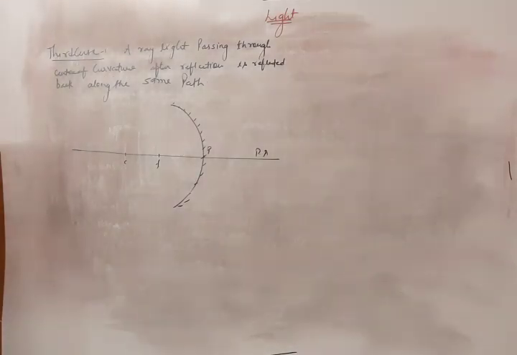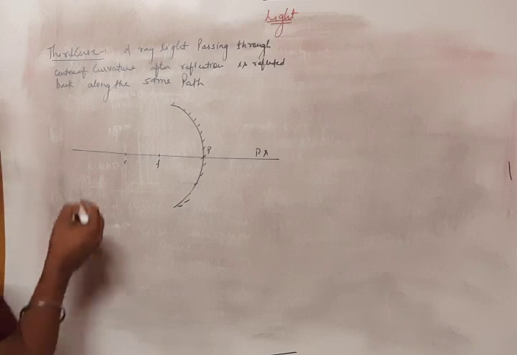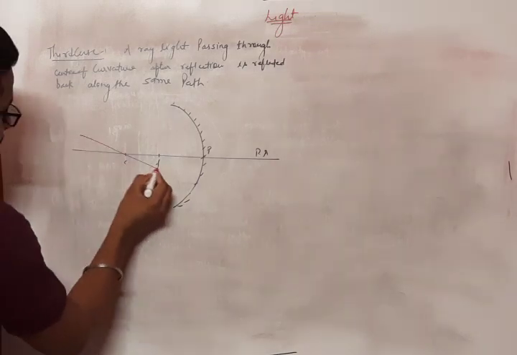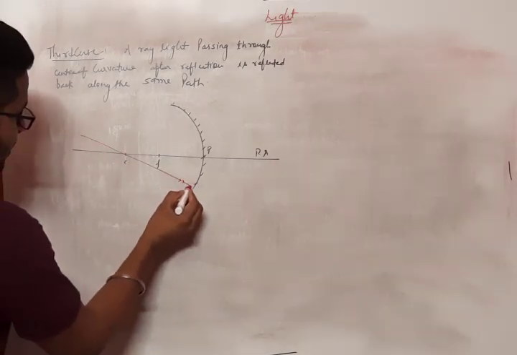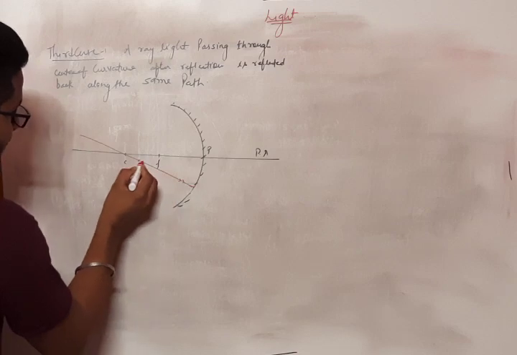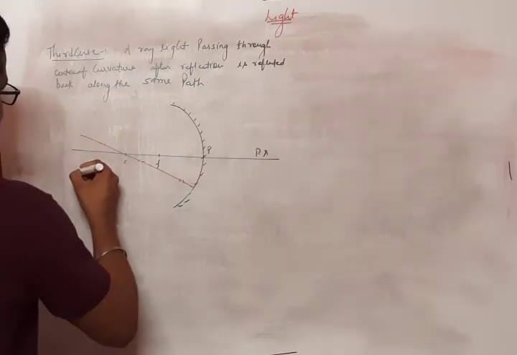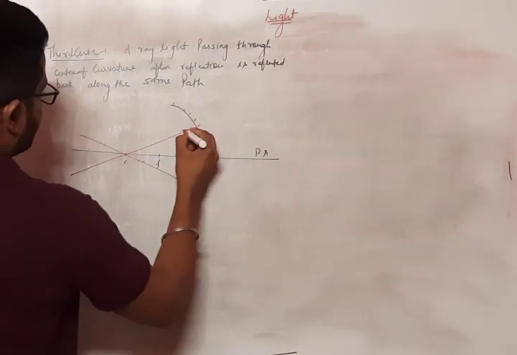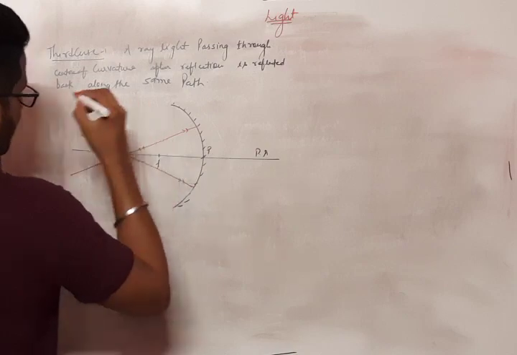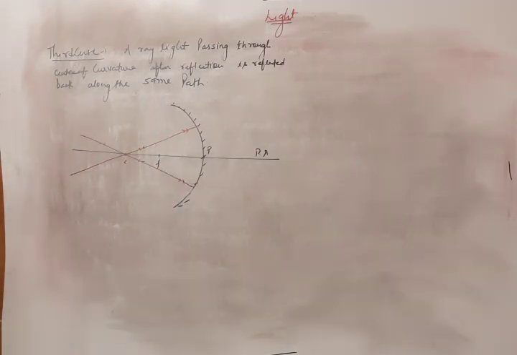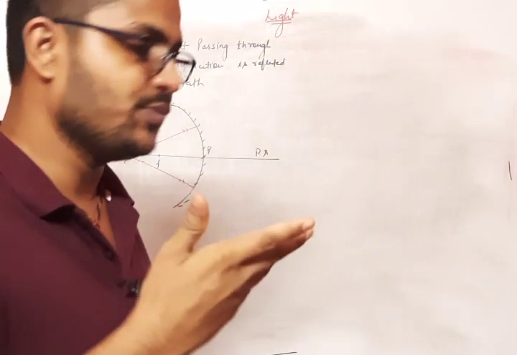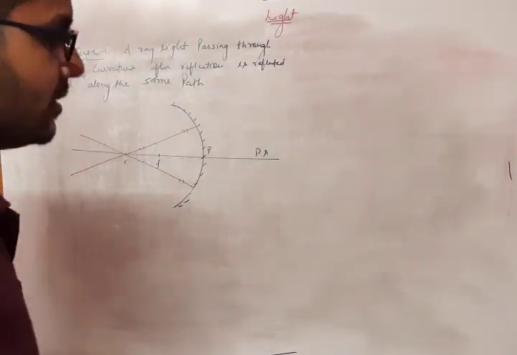Okay beta, it is saying that if one ray is coming from the center of curvature, then it will reflect back through the center of curvature. Okay beta, so next.